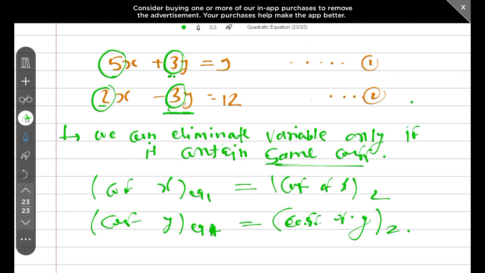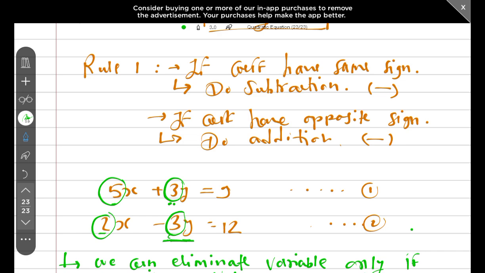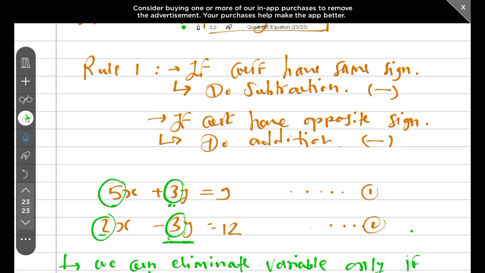And now see, as per the rules, the coefficient of y is plus 3 in the first equation, and in the second equation the coefficient is minus 3. Now see our rule number 1. What is rule number 1? It says if coefficients have the same sign, we have to do subtractions.